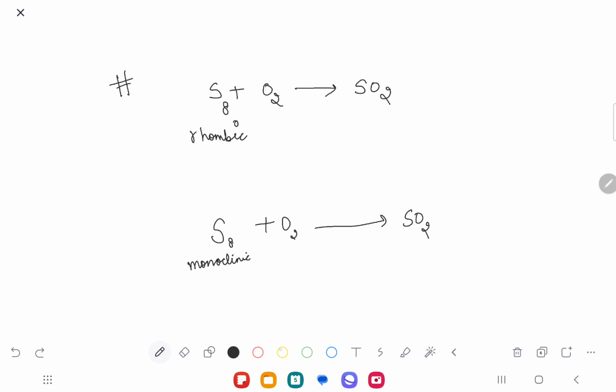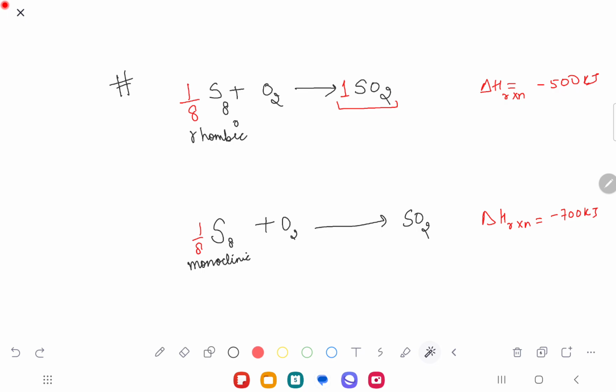So let's first balance this equation. I'm going to write 1 by 8 here because my condition is to prepare 1 mole of SO2. Reactants, I can take any amount, but the product should be 1 mole. So this reaction will have some amount of heat, let's say minus 500. And this reaction will also have some amount of heat released, which would be minus 700 kilojoules.